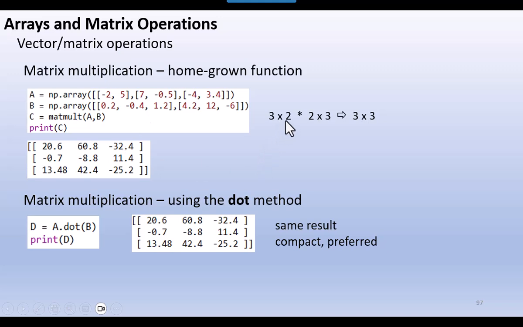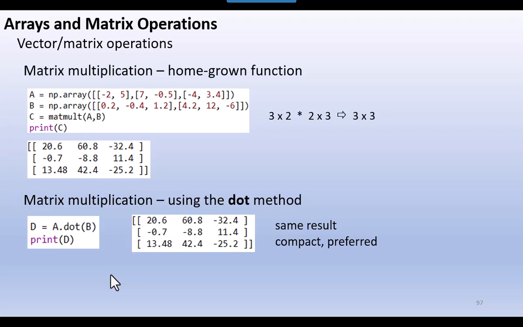A 3 by 2 times a 2 by 3 yields a 3 by 3, and then we can do the dot method and we get the same result. But we prefer this because we don't need to carry that code around with us for matrix multiplication. Okay? And to finish up here, we've just got a couple of other operations. One is the transpose operation, and the other is the matrix inverse.